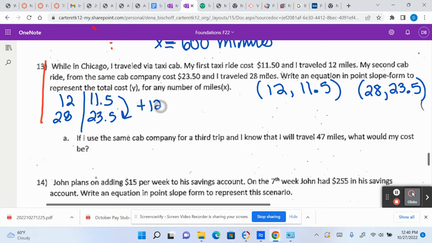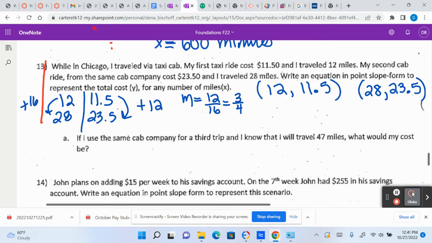Looks like we add 12 on the y side, and we add 16 on the x side. So my slope is 12 over 16, which reduces to 3 over 4. It says write your equation in point slope form. So what point do you want to use? Doesn't matter.